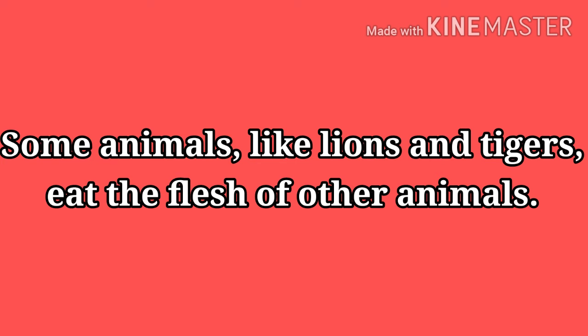Some animals like lions and tigers eat the flesh of other animals. They are carnivorous. What are they doing? They hunt other animals. Here you have been shown one picture. Here your lesson has finished. Bye bye. Take care and read the lesson carefully.